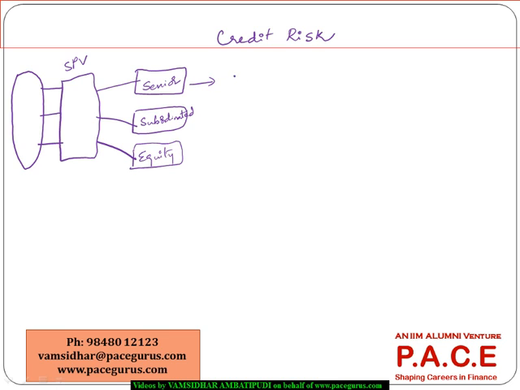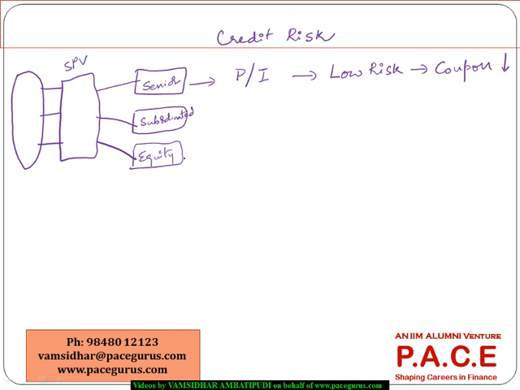priority wise, they have the highest priority in receiving the principal as well as the interest, and because they have a very low amount of risk, even the return is much lesser, meaning the coupon is much lesser with respect to this group of securities.